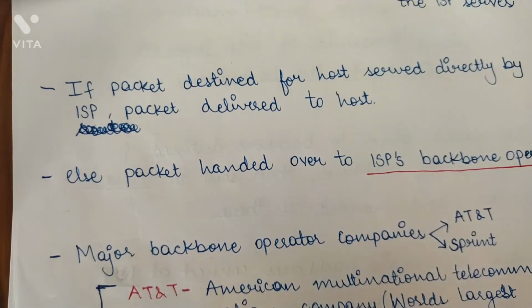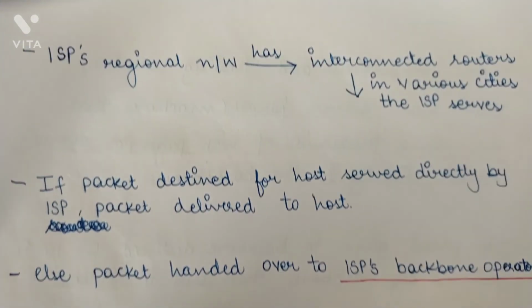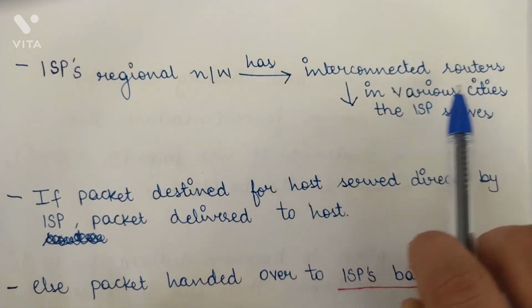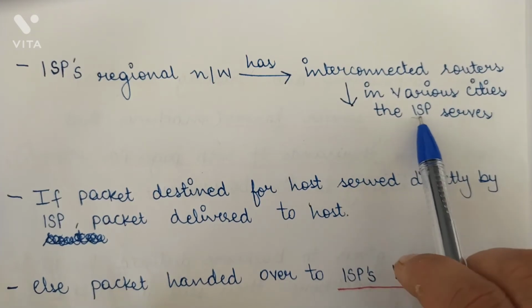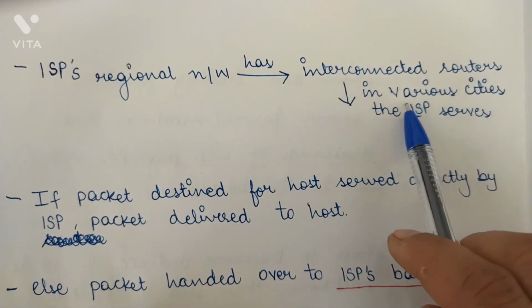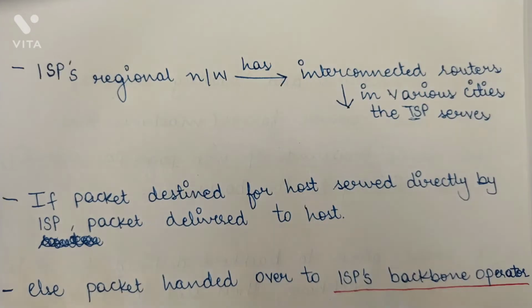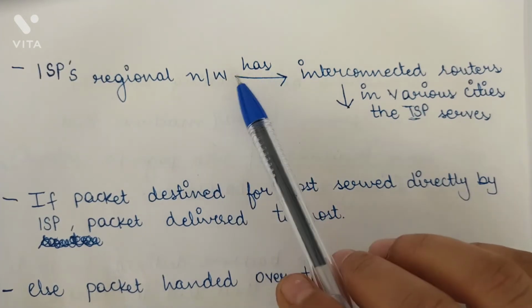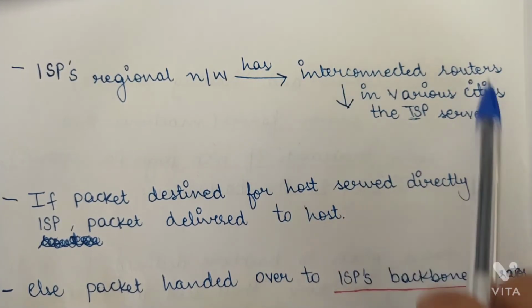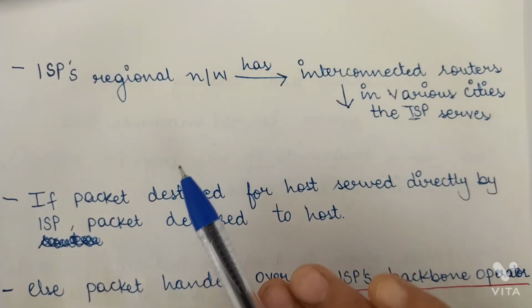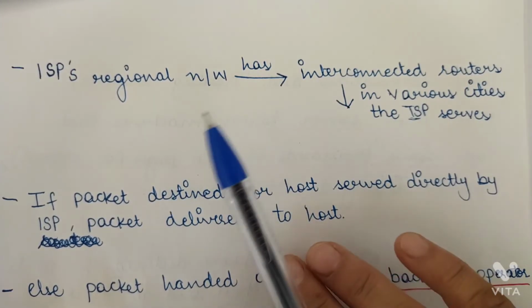So the ISP's regional network has interconnected routers in various cities the ISP serves. Just for example, take Airtel. If Airtel is your internet service provider, it is not serving just one city, it is serving various cities. So the regional network of Airtel will have routers interconnected in various cities, so that it is well connected among different cities.